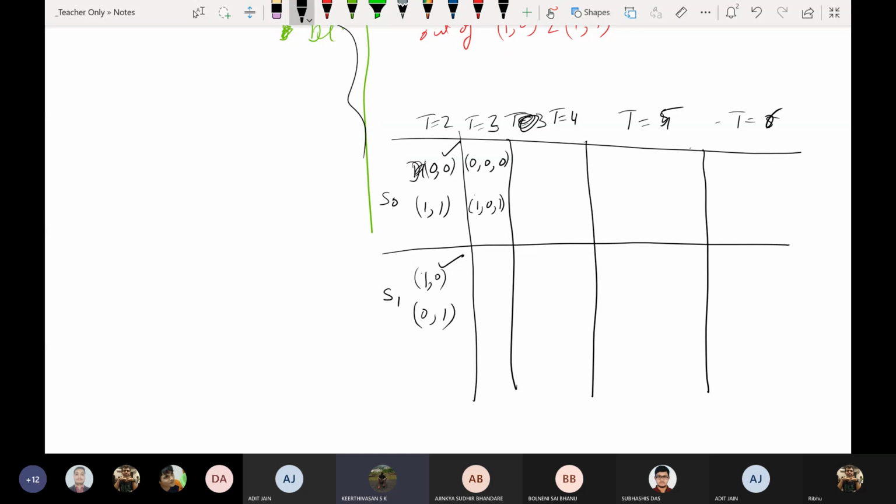And similarly here, I can say 1 0 0 survives and 0 0 1. So I calculate these 4 possible paths. I say this survives and this survives, suppose, out of these. So again here, I calculate 0 0 0 0 and 1 0 0 1.